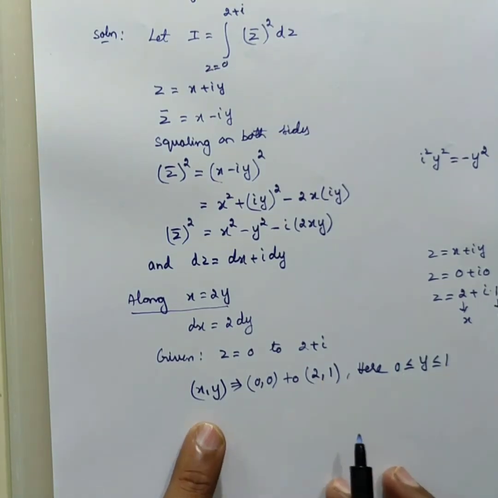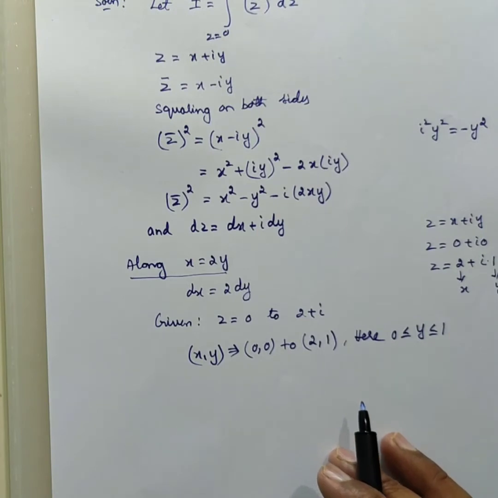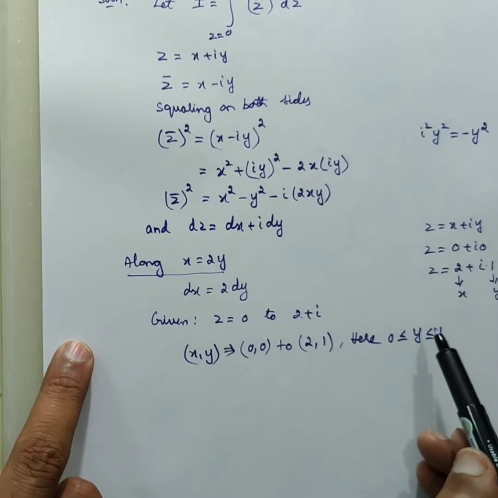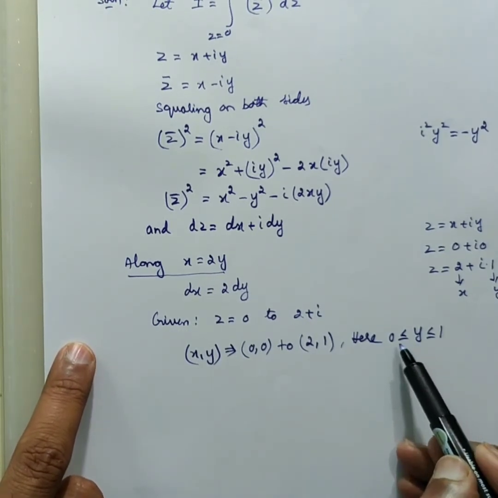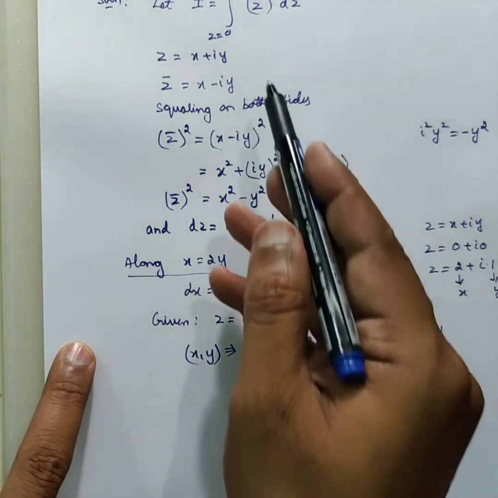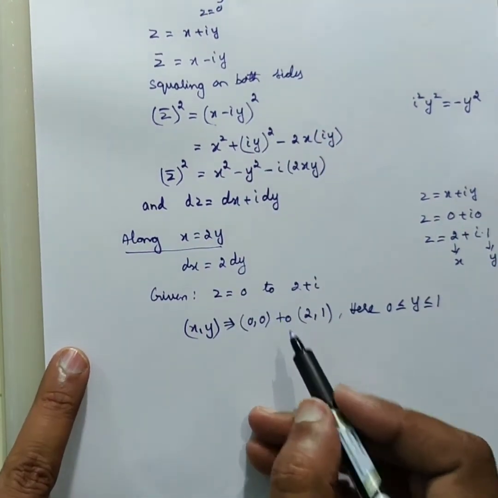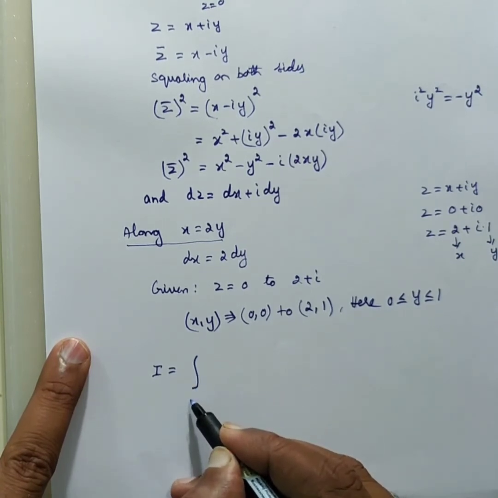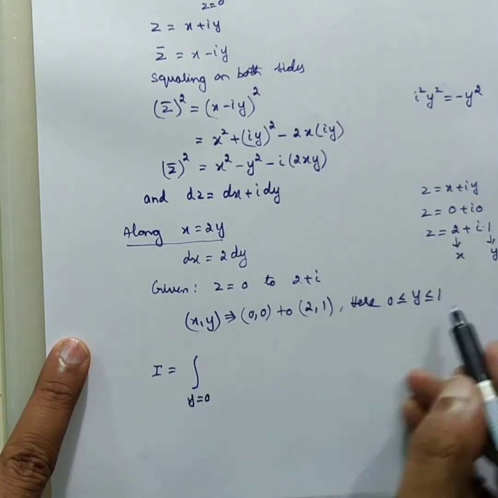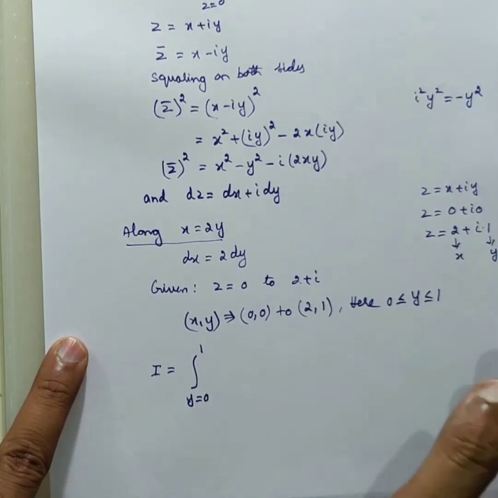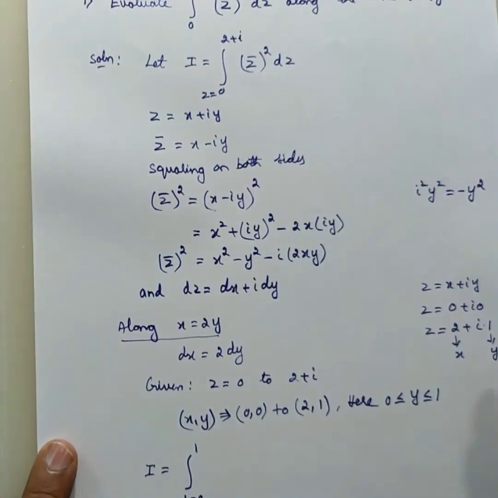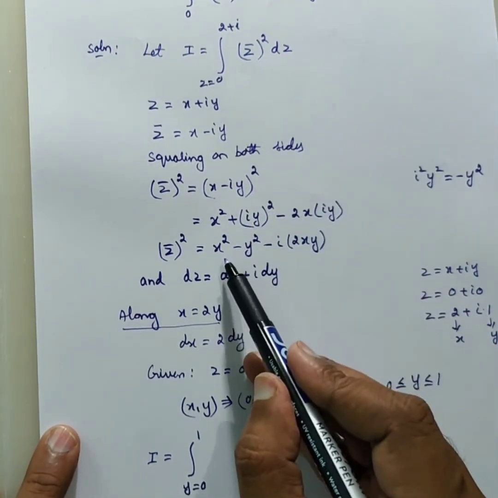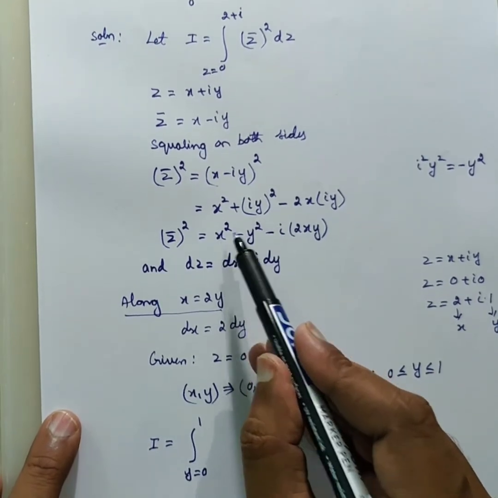So now if I plug in this value of x equals 2y as well as the range for y from 0 to 1 back in the given integral I, we get the integral I equal to the integral with limits for y from 0 to 1, then you have this expression, z bar whole square, which is over here, x square.